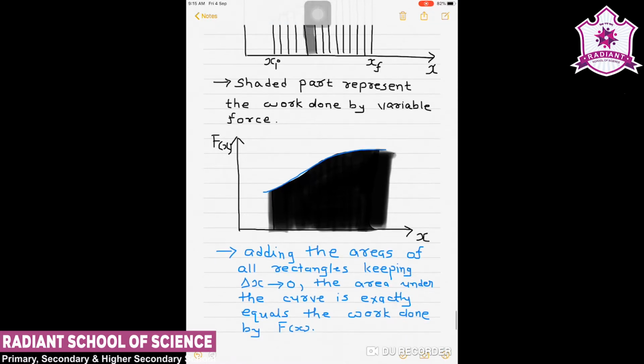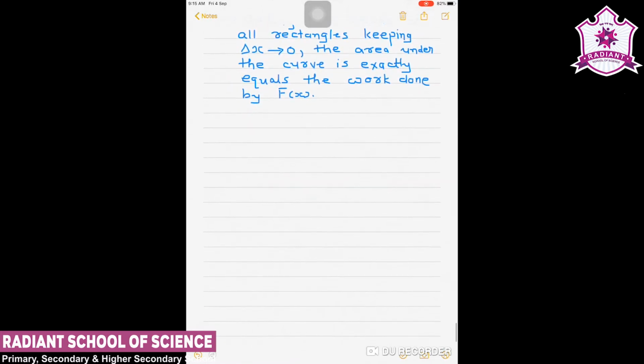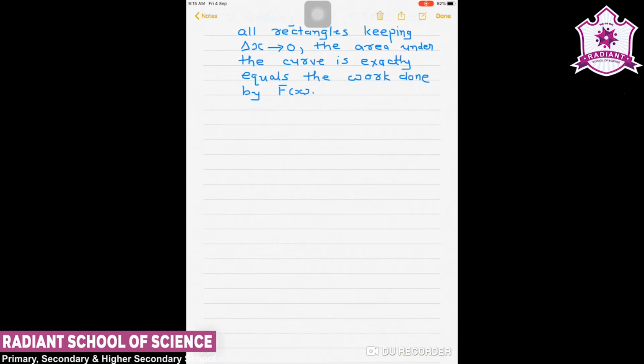Now we can represent it mathematically as well. First of all, we have to consider that the small work delta W is fx delta x. Be careful that here the force is acting in x direction.